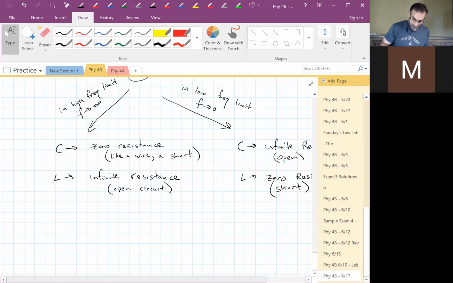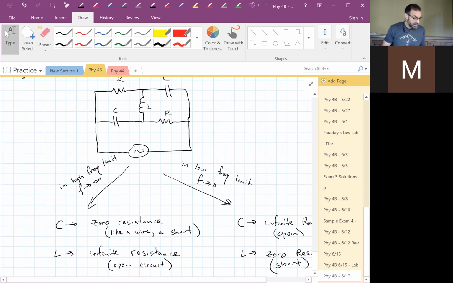Okay, so what does this circuit look like? Let's redraw this circuit. We're going to replace the capacitors with wires, just a short. We're going to remove the inductor and not replace it with anything, leave it as an open circuit.